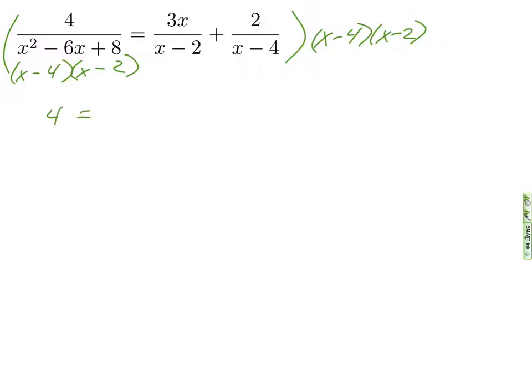When I take that times the second one, what cancels? X minus 2. And when I take it times the last one, the x minus 4s cancel. And I'm left with that. So you can always tell if you got a correct common denominator because you need everything to cancel.